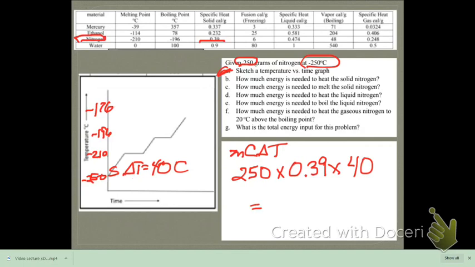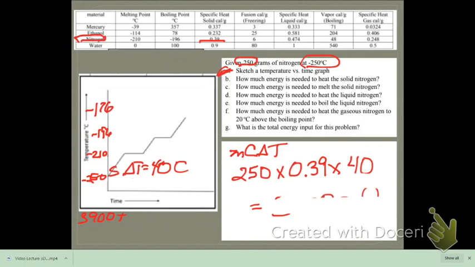So in your calculator, take 250 times 40 times 0.39, push the equal sign, and you should get 3,900 calories. Okay, so now I want you to write that down because you're going to have to keep track of it. I have no room. Of course, I might be able to put it right here, 3,900 plus.